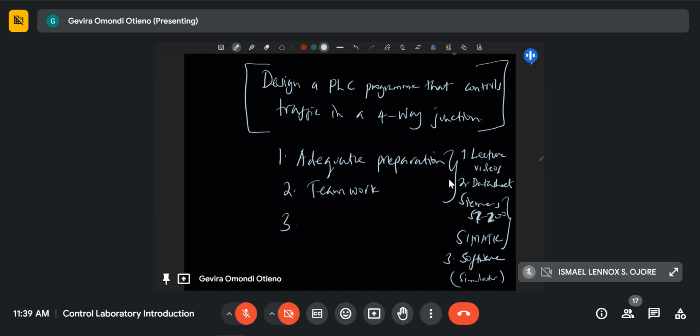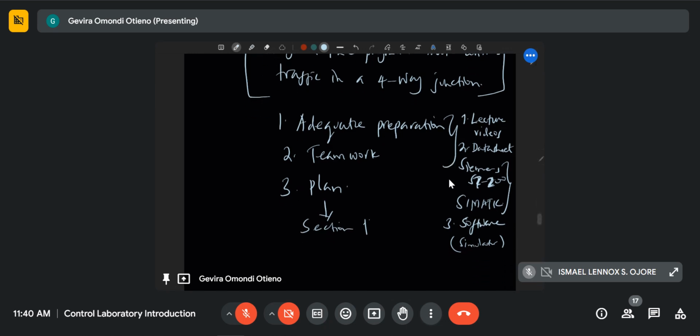It's important that you work as a team, but it is also important that you have a plan. The reason is, you will notice that there's a first section that you'll have to do during your first session of the lab. Then at the end of that session, there's some work that you must go and do. There's a design element that you must go and do.